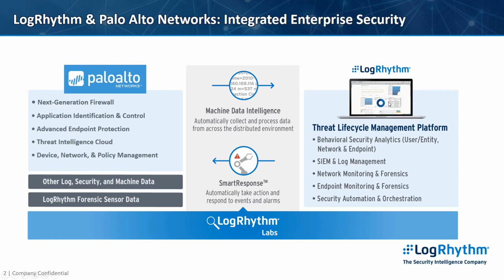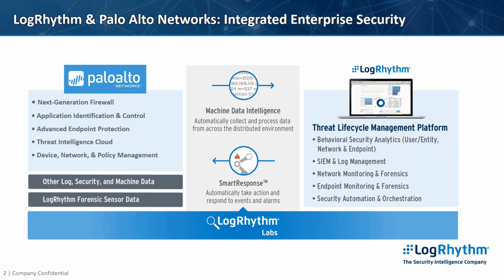Now, this is an excellent overview of how LogRhythm and Palo Alto integrate. Palo Alto logs, whether they are the next-gen firewall, threat intelligence feeds, traps, or WildFire, come into LogRhythm as syslog, and we use our machine data intelligence fabric to normalize, classify, prioritize, and aggregate these logs.